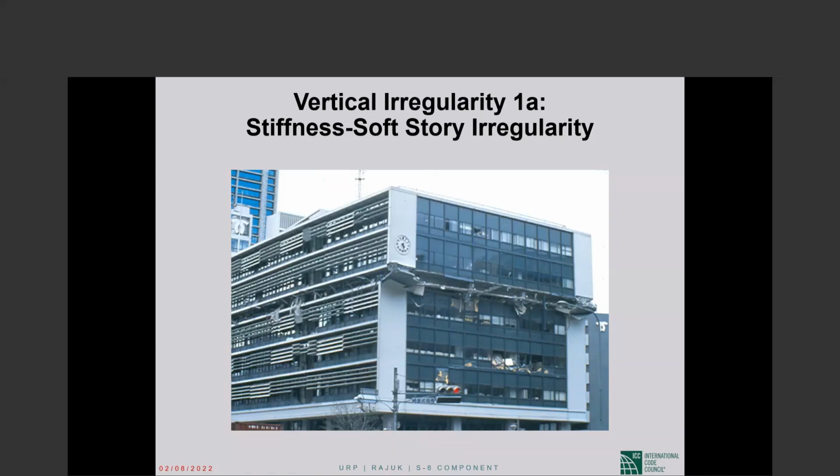The definition says less than story above, but it can be both ways. Anyway, you can see that there is a stiffness discontinuity, and the building failed right there, that level. The remainder of the building was not too bad. The building above was not in too bad a shape, but that level pancaked.